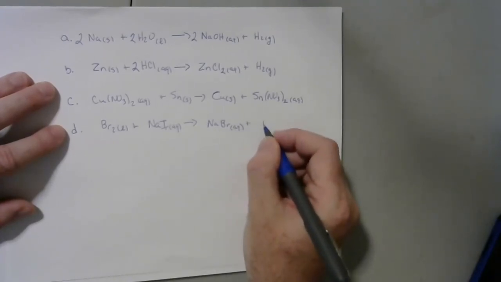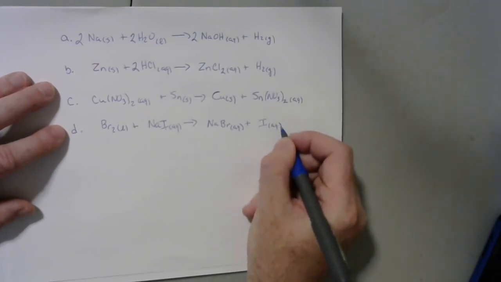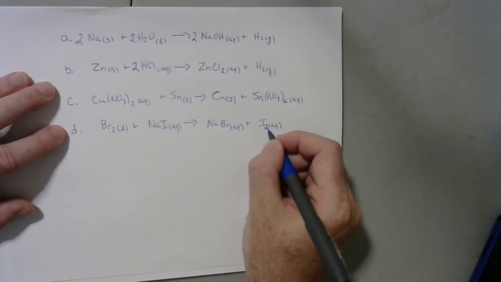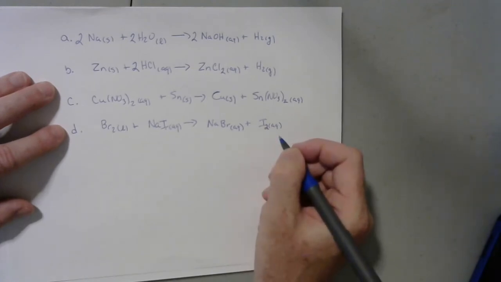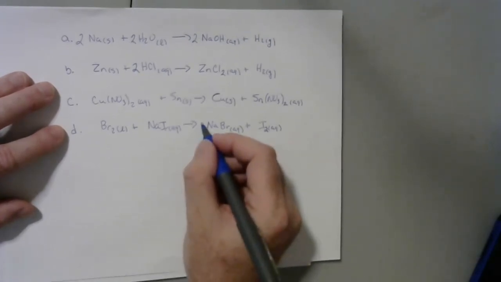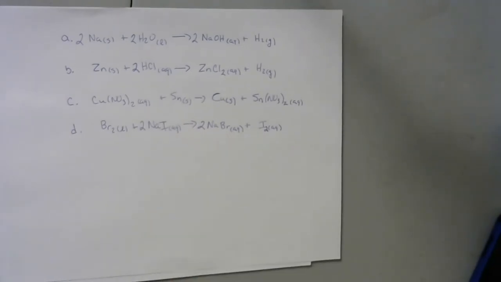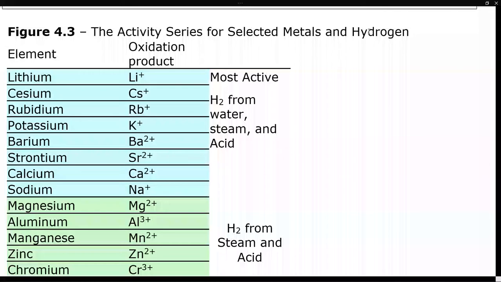Plus iodine, and likely that's going to be aqueous because I'm talking about a water solution. But it's going to be I2 because remember your halogens are all diatomic. So to balance the halogens, I'm going to need to stick a 2 there and a 2 there to balance it all. So those are some examples of some single replacements.